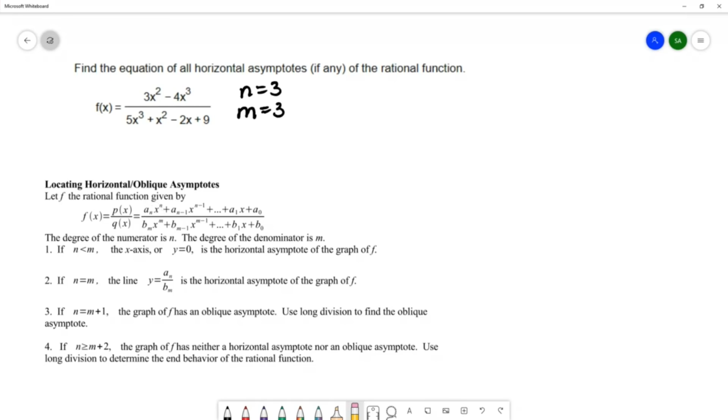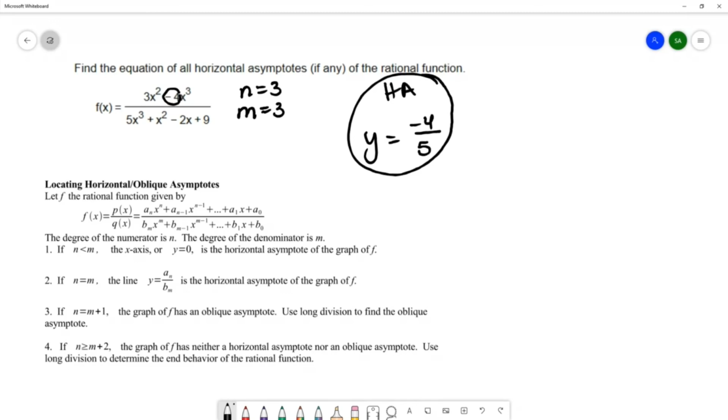So we're not going to use the coefficient of 3, which is the first one here. We're going to use the coefficient that is attached to the highest degree term. So that's going to be -4. So y equals -4 over 5 is the equation of the horizontal asymptote for this one. So we used the highest power from the numerator's coefficient and the highest power from the denominator's coefficient.